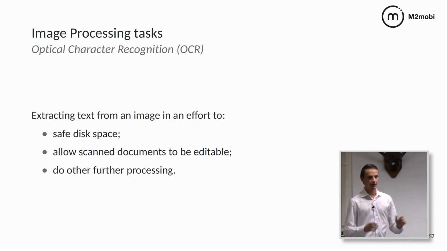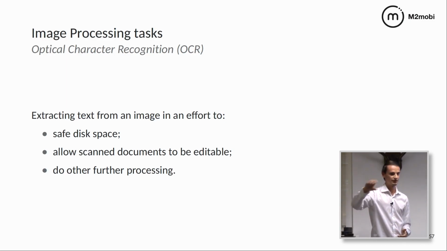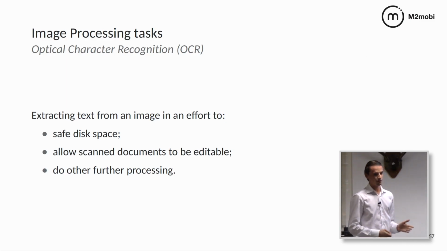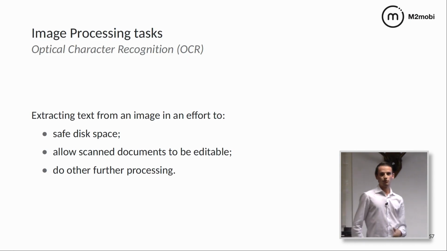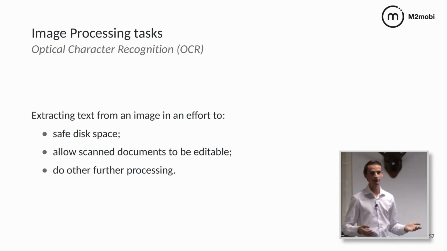Images use pixels to save colors for pixels in a matrix. But yeah, a string uses much less space than an image of a string. But also, sometimes you write a contract and you want to be able to edit it again. Well, you can use OCR and then edit it again because it's a string, you can do anything with it. But you can also do many other things with it after that.